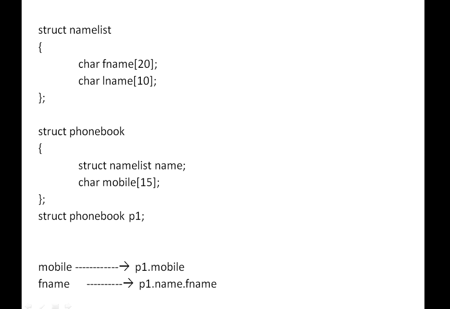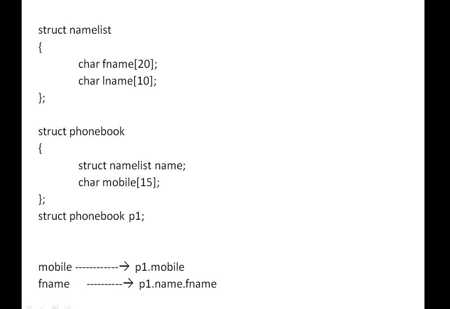But what about name? Name is a structure variable, so it will have no value by itself. Structure variable dot this element will give you the effect, right? So how to go with first name? Name dot first name, and with respect to p1 we are going to access p1 dot name dot first name.